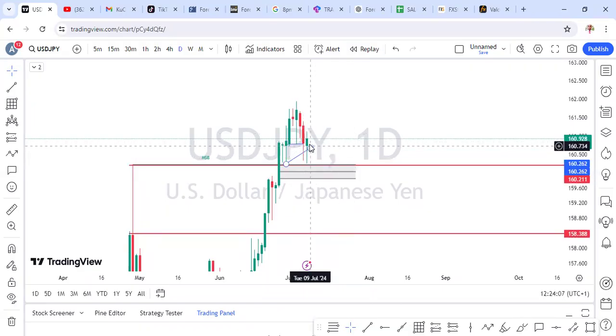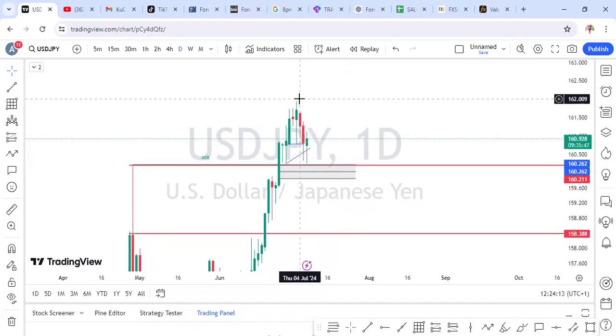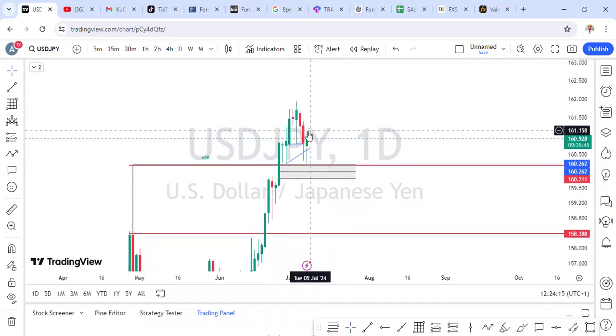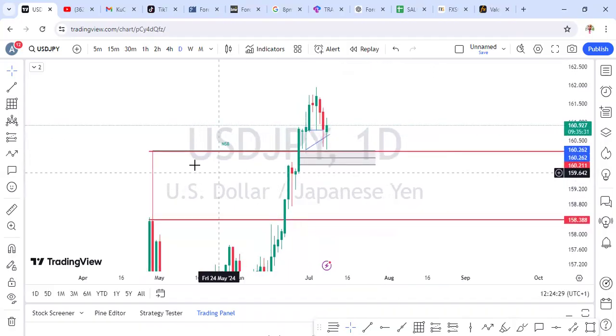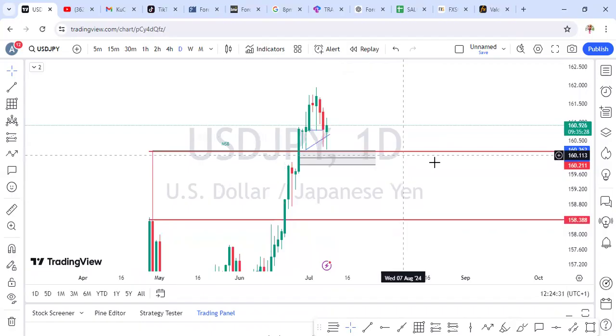So the closing of this one today will determine if we will take out this high in the course of this week. If this one closes bearish again today, then it will be a disaster for those of us that are bullish on UJ. But what I can see is this support here is still holding price.